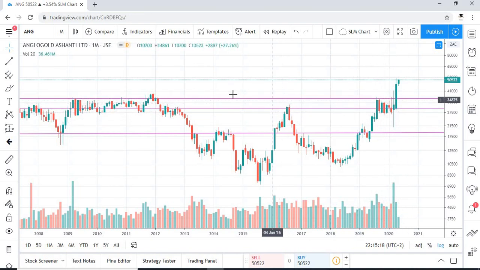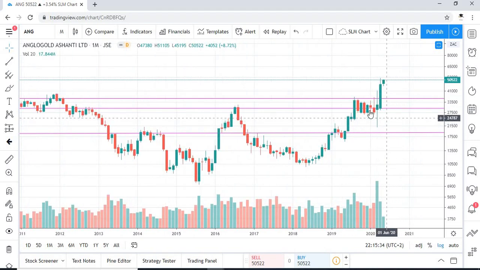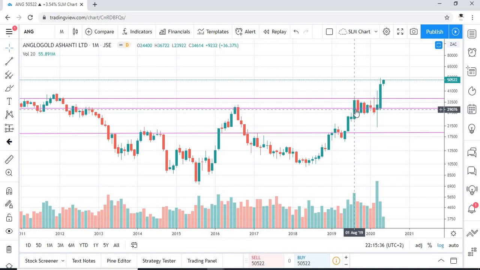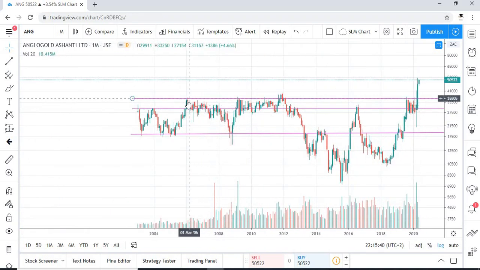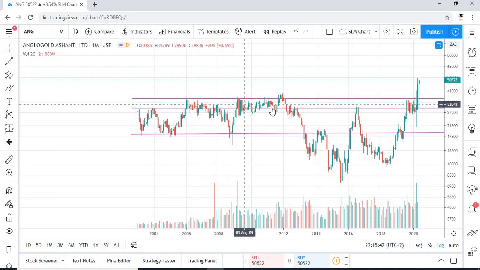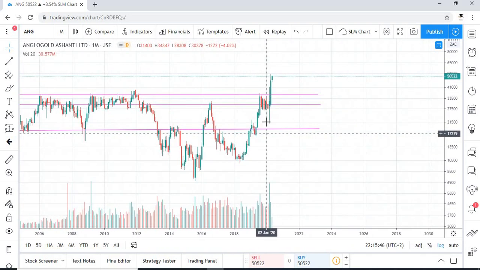Then we can now see here these two lines that we drew previously as potential resistance and support points. We can see here that there is much indecision. There are sellers, there are buyers, there are sellers and buyers, which shows us that the lines are still holding and they're still causing much confusion, the same way they did back in those years before the price was breached.